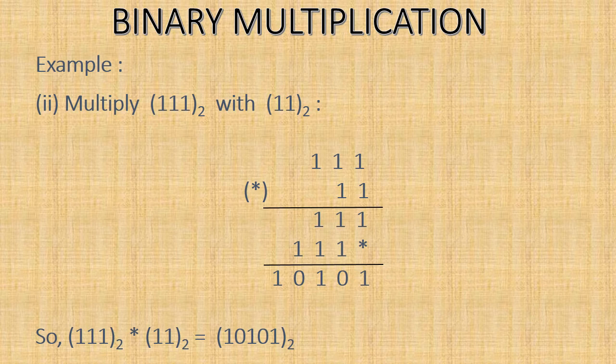So your answer is 10101. So the multiplication of the given two binary numbers 111 and 11 is 10101. Again, for verification, you can convert each binary number into its equivalent decimal number and find the results.